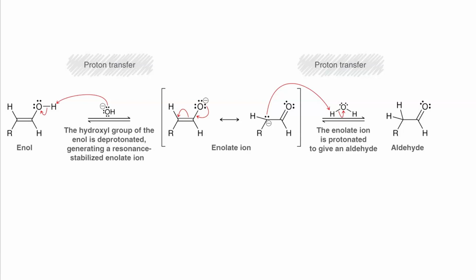Now we have what's called an enolate, which has a resonance form that is a carbonyl with a carbanion. Now this is the less stable resonance form. However, this carbanion can get protonated by water, and we end up with an aldehyde.